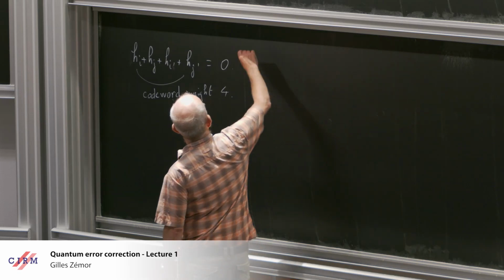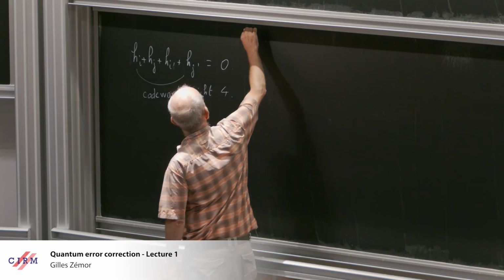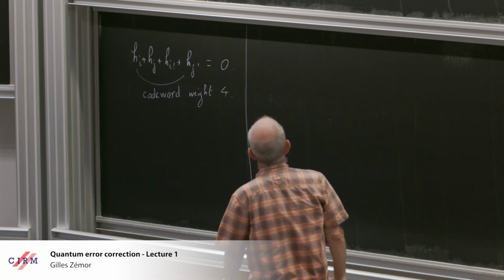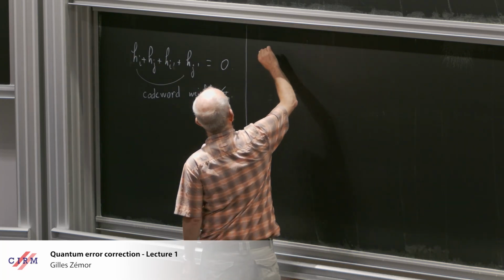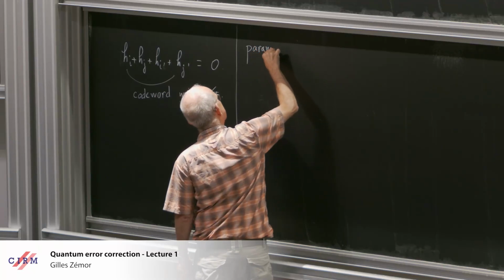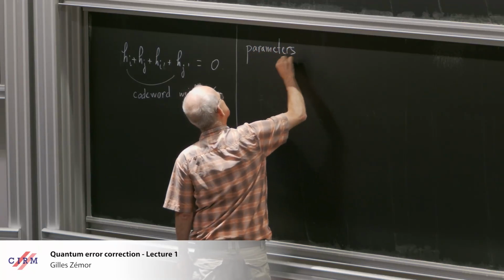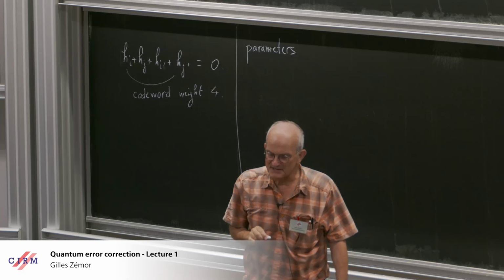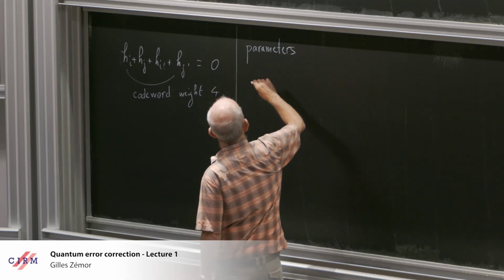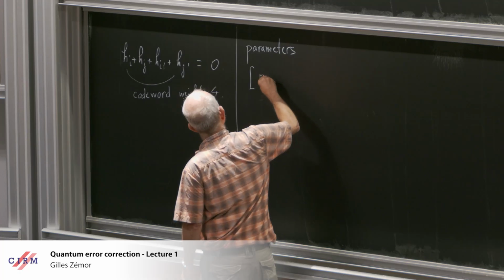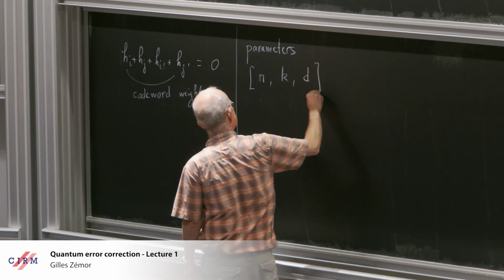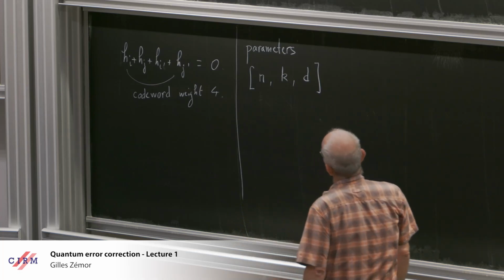So this is the essence of coding theory, classical coding theory. The parameters of a classical code give you a vague idea of how good a code is, but they don't tell the whole story.